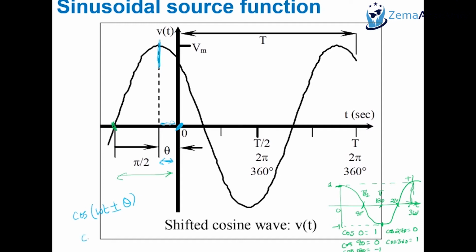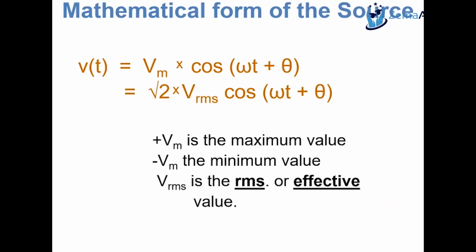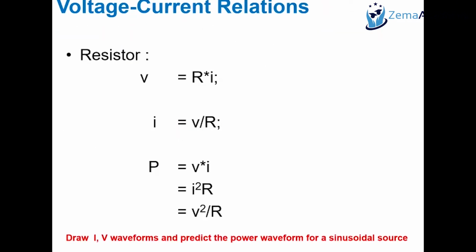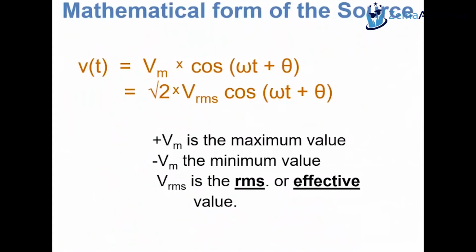So would that mean that this is omega t plus theta or omega t minus theta? Okay, let's see if that is right. I thought I had a waveform somewhere. Okay, maybe I'll draw it.